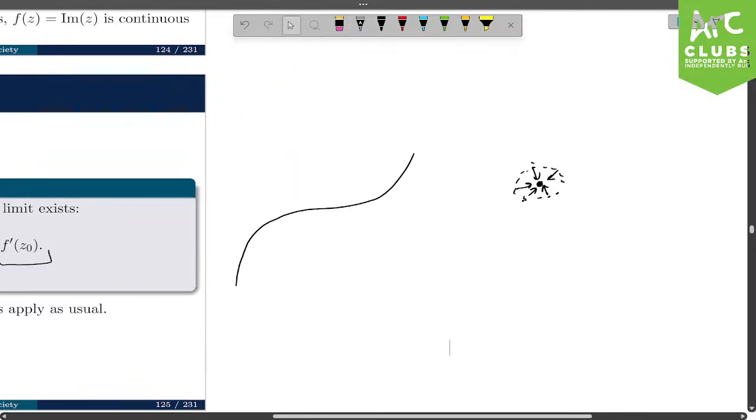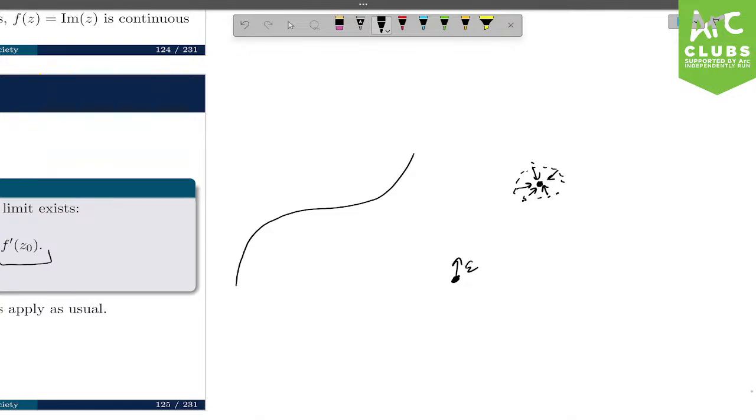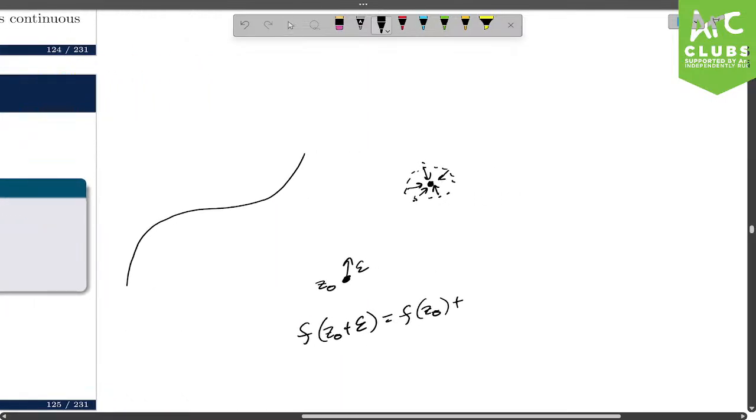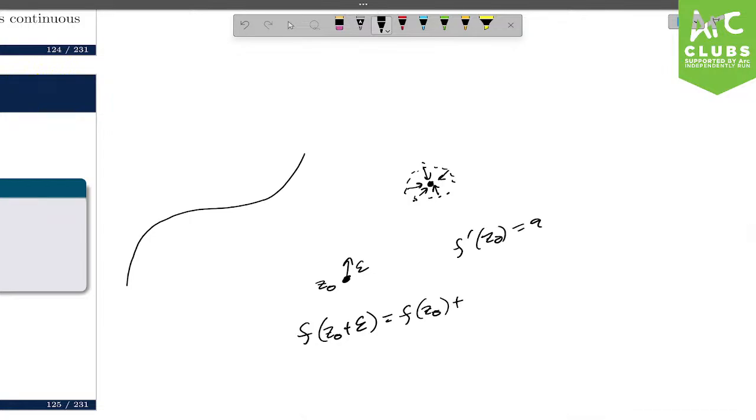And that's really interesting because it means that if I have a complex function that is differentiable, if I move it up by some tiny amount, then the difference between, let's call this z0, that tells me that f(z0 + epsilon) equals f(z0) plus, let's say, the derivative. Let's let f'(z0) equal a.